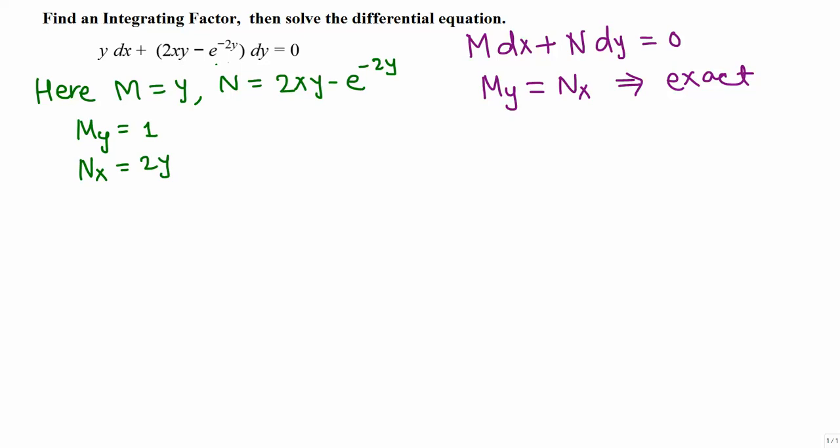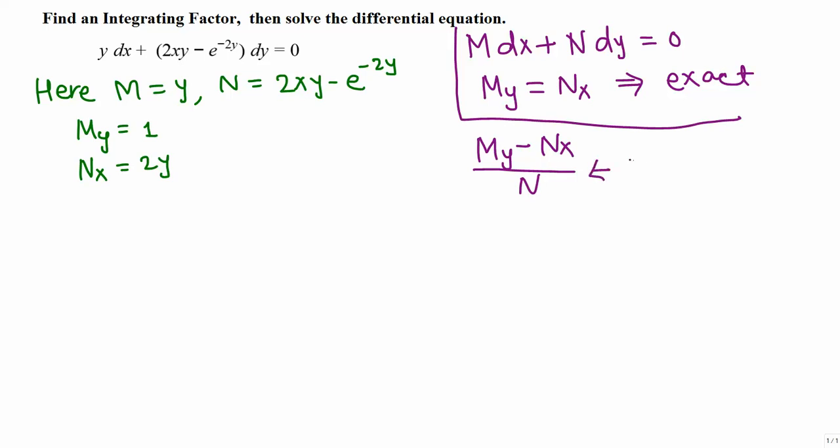Now we want to find an integrating factor that will make this exact. Okay, first we check two things. We find M_y minus N_x over N. If this is a function of x alone, then e raised to the integral of this with respect to x will be the integrating factor.